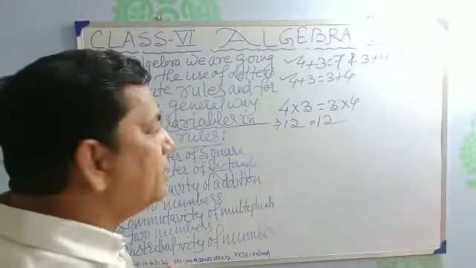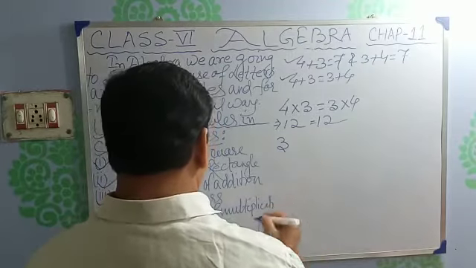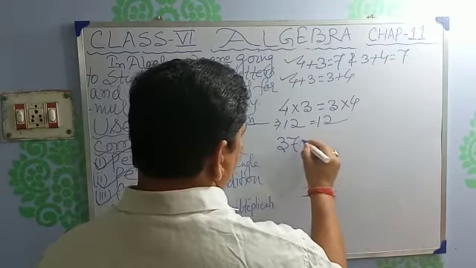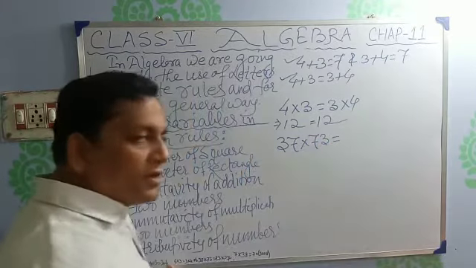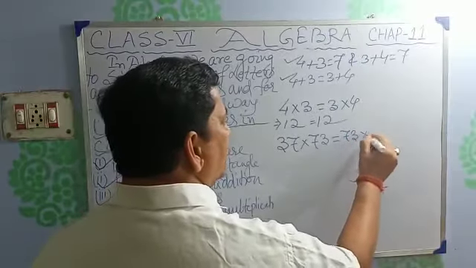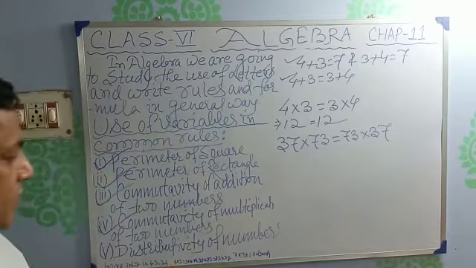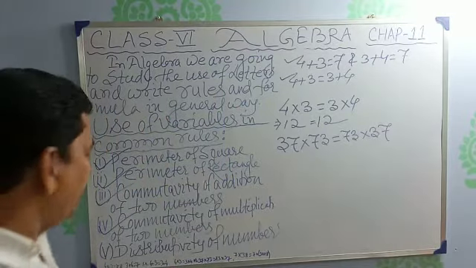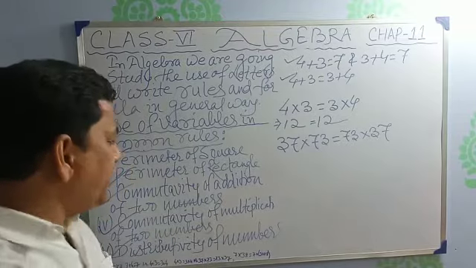Now you see, if you take another example 37 into 73, so we can write 73 into 37. Is it clear?